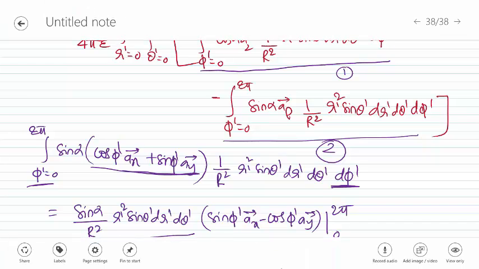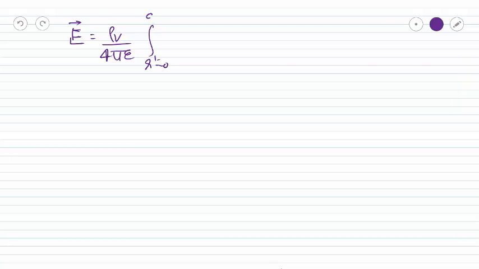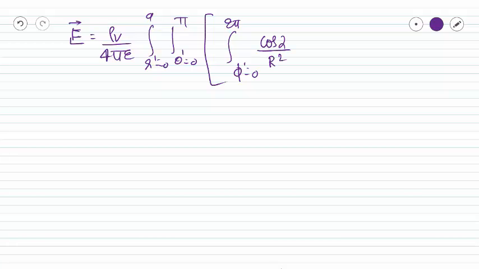Okay, right? So now the expression for electric field intensity, after the second term is 0, is rho v by 4 pi epsilon, r dash equal to 0 to a, theta dash equal to 0 to pi, and we are having phi dash equal to 0 to 2 pi, cos alpha by r square az bar r dash square sin theta dash dr dash d theta dash and d phi dash.